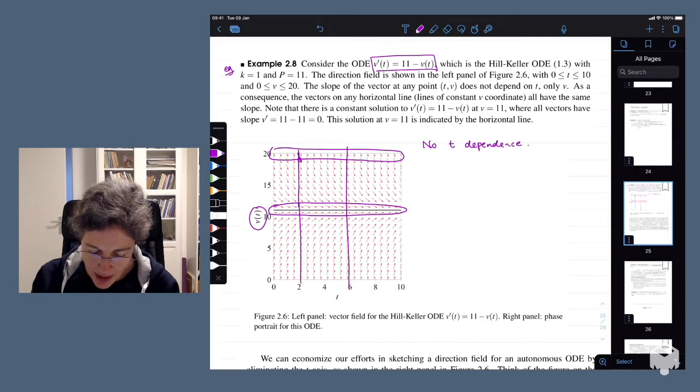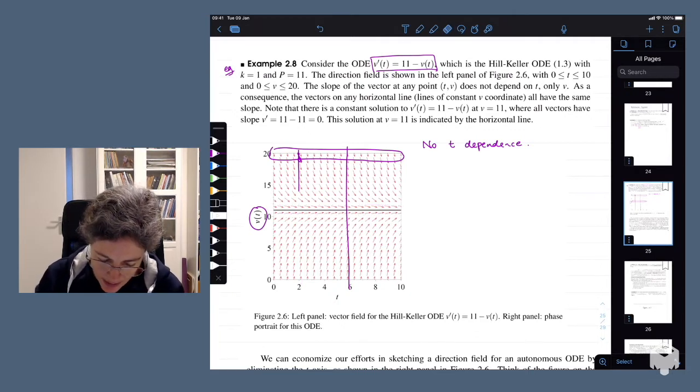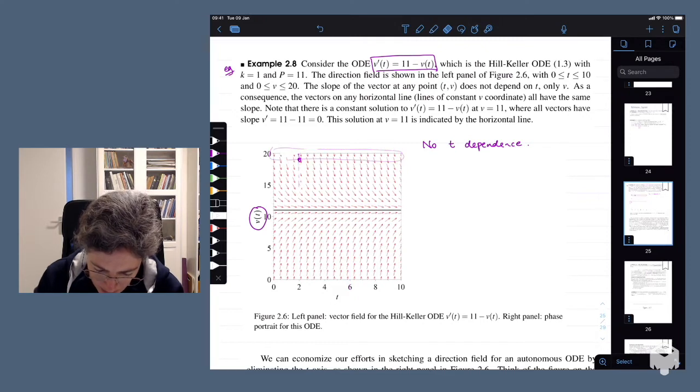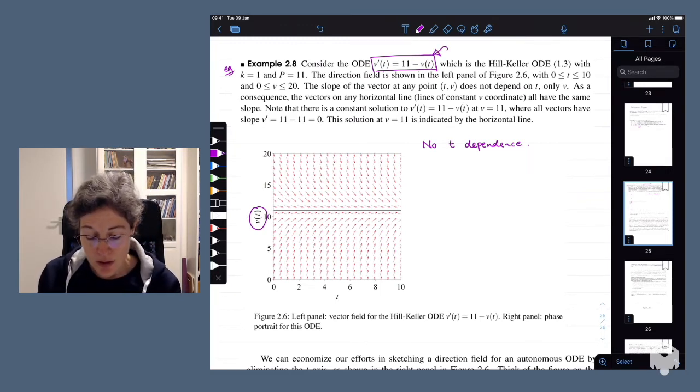Okay, things to notice. What have they done here? Why is this? So you might look and say, why is that black line there? Well, if you have a look at this equation over here, one solution is that if we just put v equal to 11, this will solve the problem.